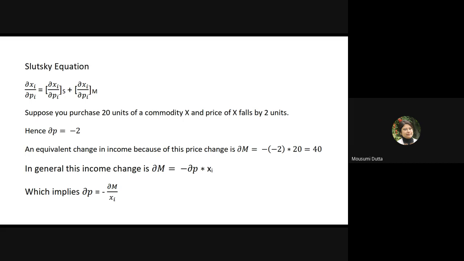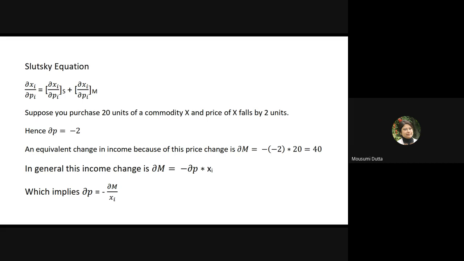So if I consider a two commodity world, I will run i between 1 and 2. So it will be del x1 by del p1 and del x2 by del p2. And if I extend this framework to an n commodity world, in that case, you can extend these derivatives up to the nth commodity.